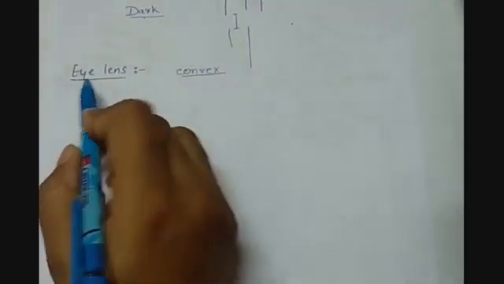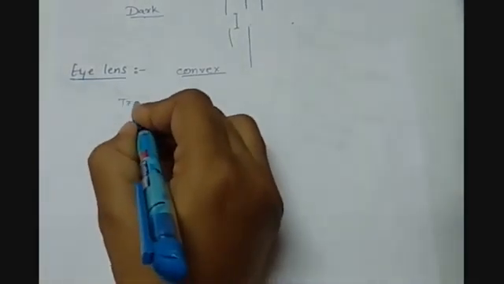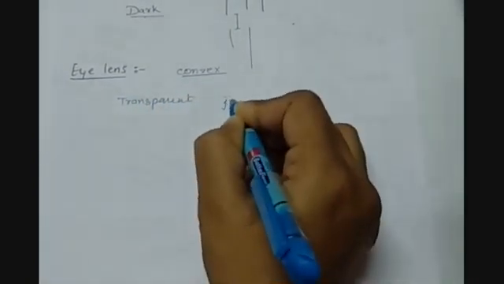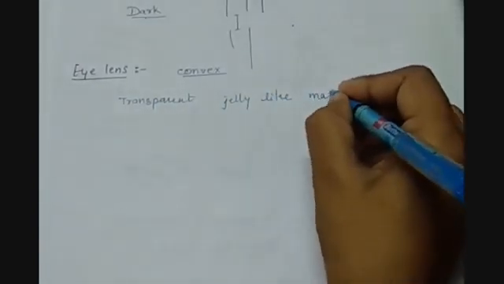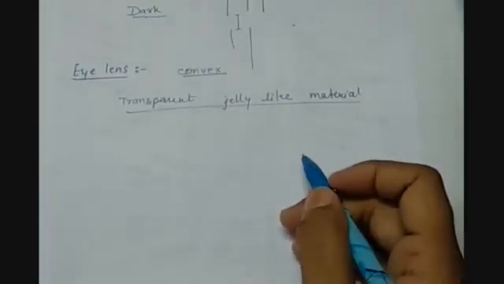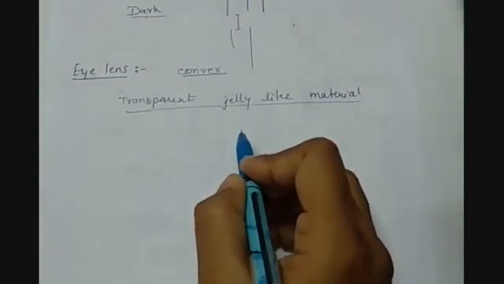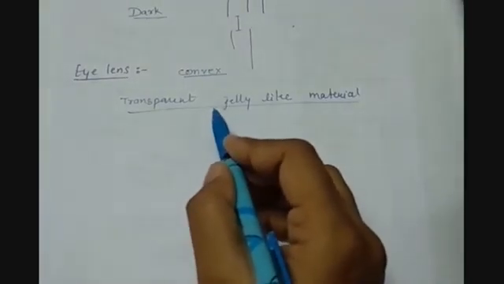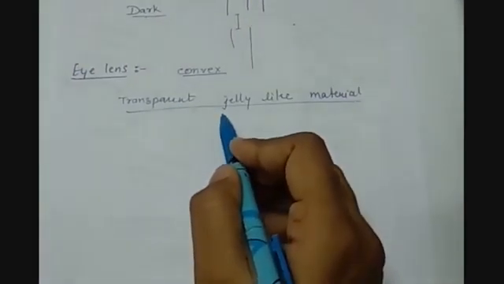Eye lens is a transparent jelly-like material which is having a refractive index more than the refractive index of the cornea of eye. So it will behave as the denser medium for the light coming into the lens.